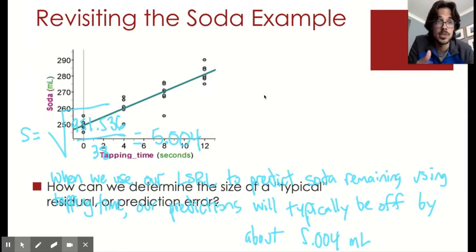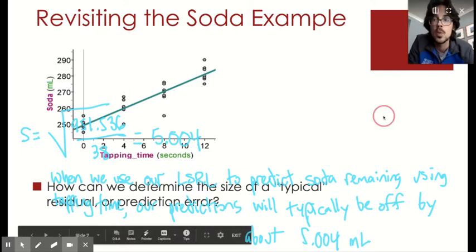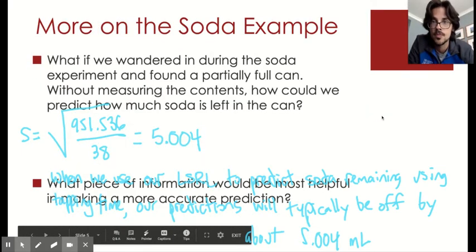That's what S does for us. How far on average will our predictions be off? So if I'm making a prediction about a new soda can that I just shook or tapped for however long, I can expect that my prediction is going to be off by up to 5 in either direction. Okay, so that is S.